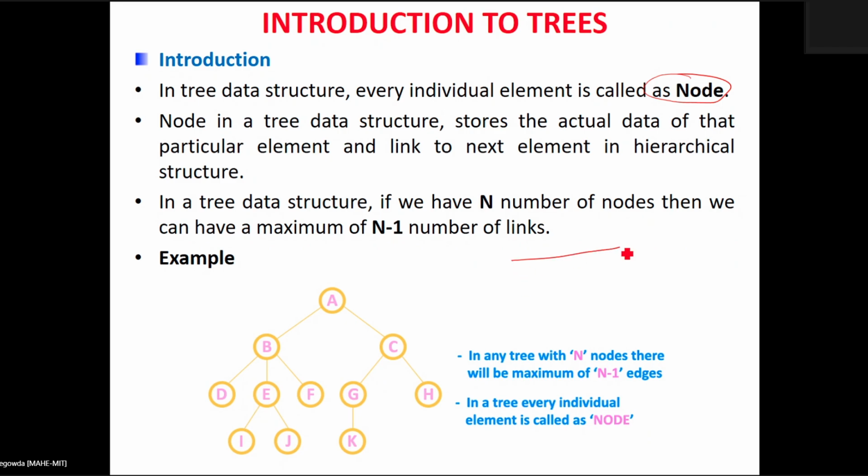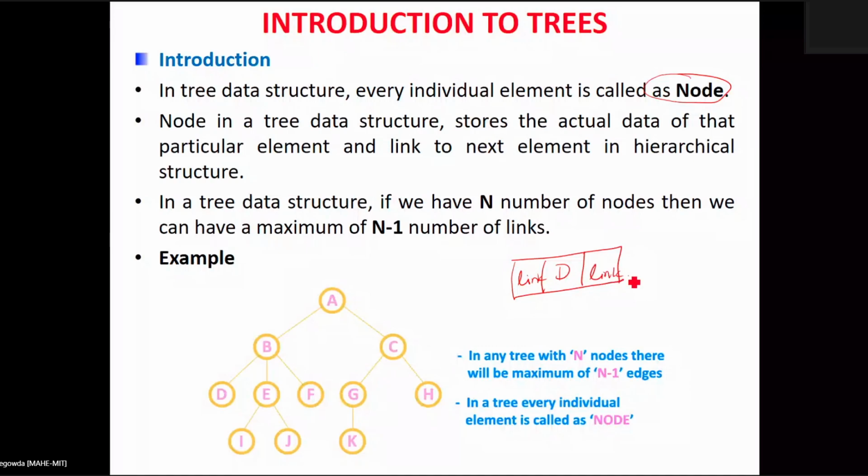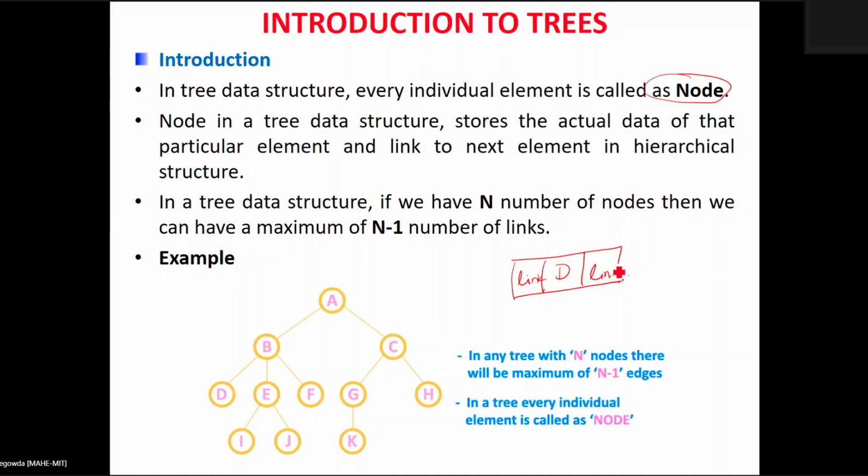As I already told, if you look at the node for a doubly linked list, it has a data field and link fields. These kinds of nodes are used for creating trees.